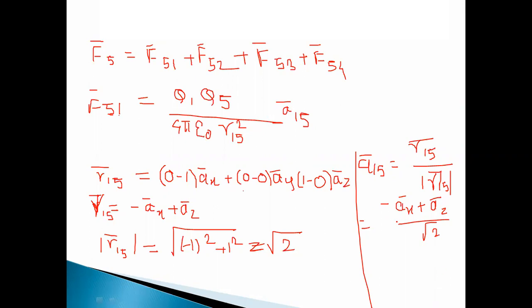So just put all the values and find F bar 51. Similarly, you have to find F bar 52, F bar 53, F bar 54, and then add all these forces to find F bar 5. Do it fast and tell me the answer, one by one. First tell me the answer of F bar 51.